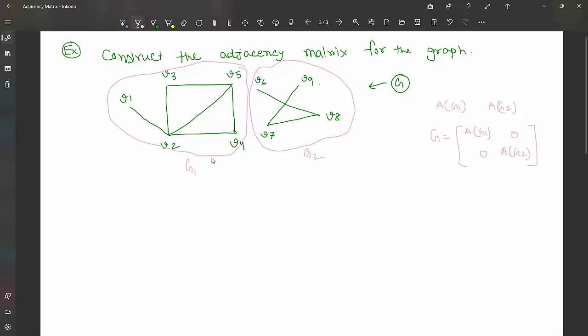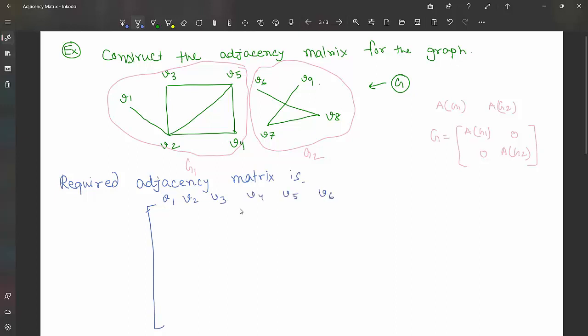So the required adjacency matrix, we will actually directly construct using all the vertices. The required adjacency matrix is, so we start with the values. In the column-wise we will write down all the vertices v1, v2, v3, v4, v5, v6, v7, v8, and v9.